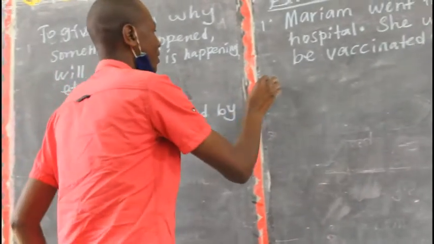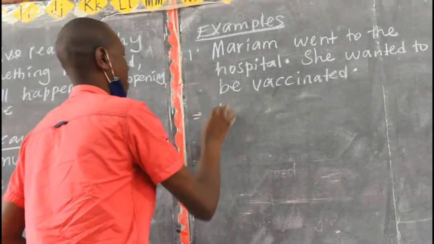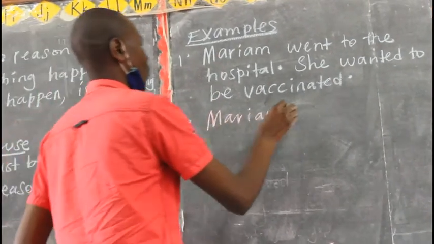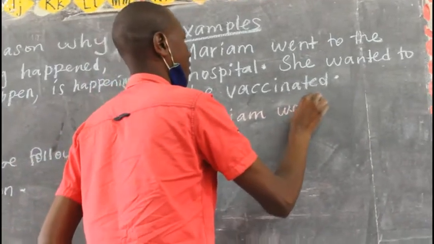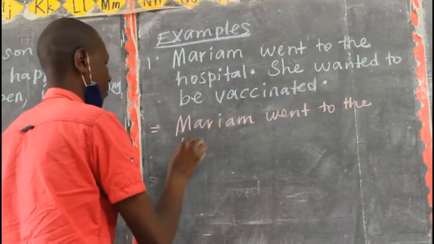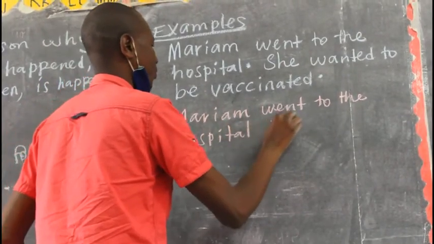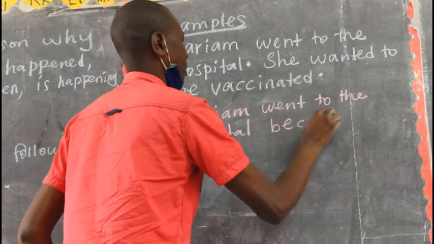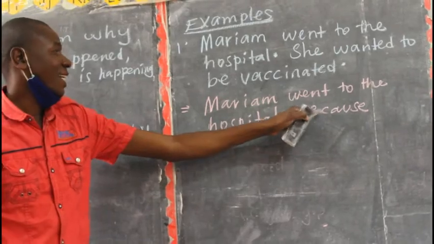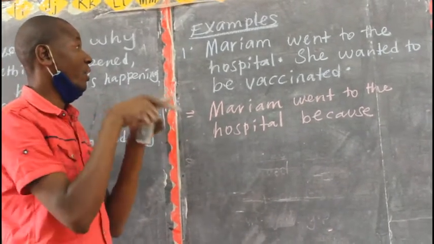So the answer will be, Maria went to the hospital because. Now this conjunction because is supposed to be followed by the reason why Mariam went to the what?